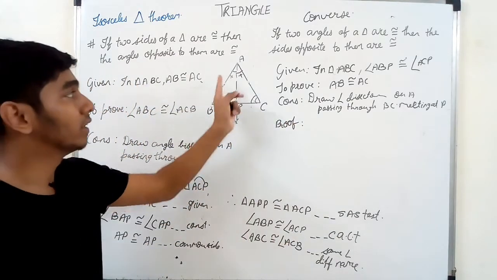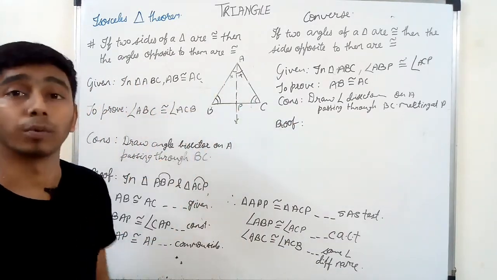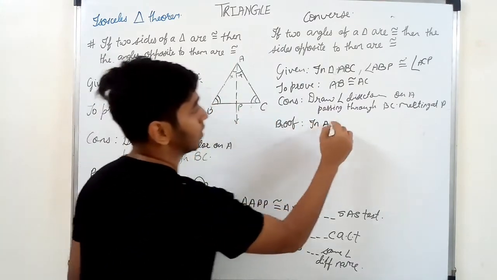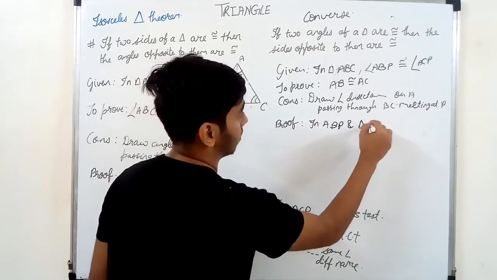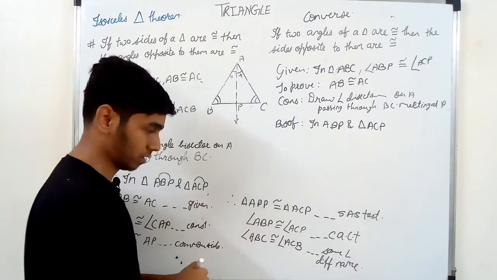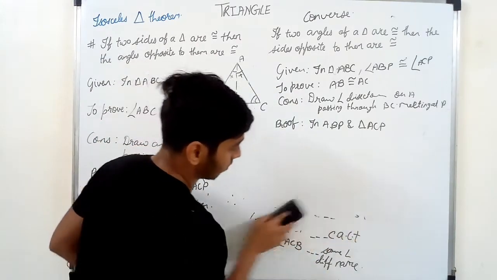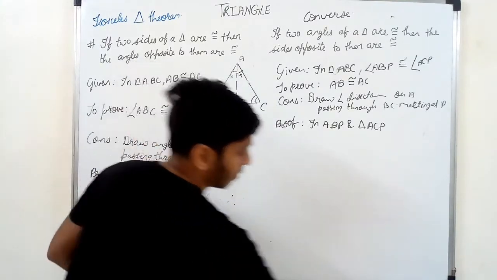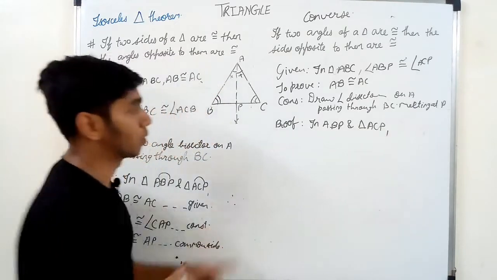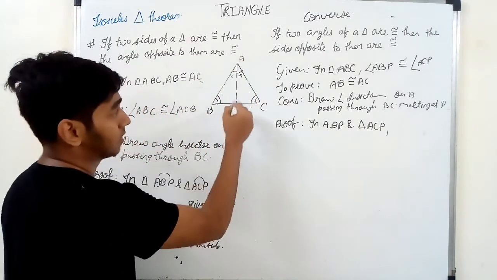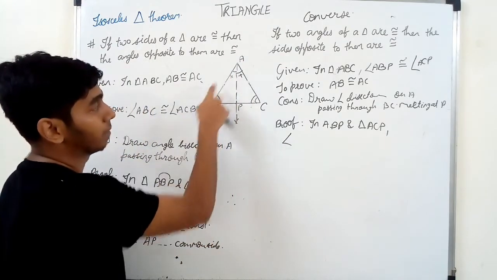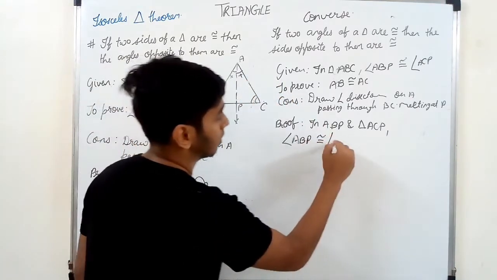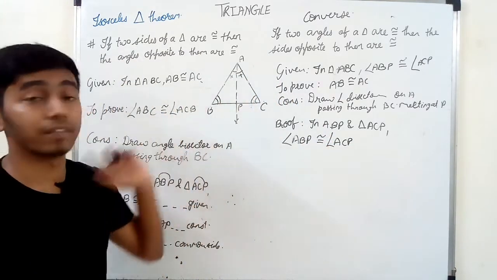Again we'll take these two triangles and try to prove that they are congruent. So in triangle ABP and triangle ACP, what can we say for this now? Angle ABP is congruent to angle ACP. Yes or no? Because this is given to us.